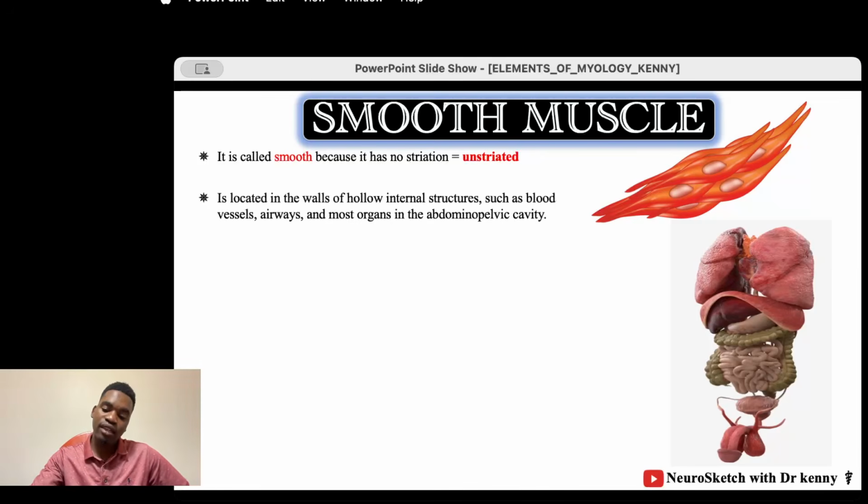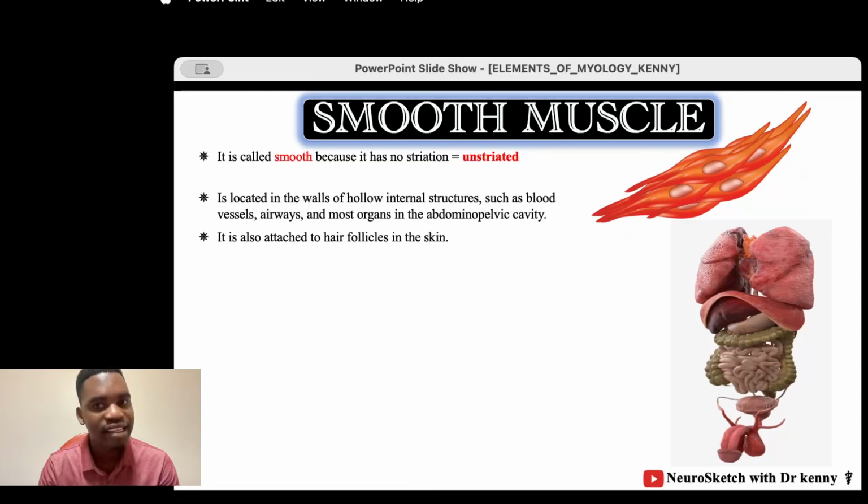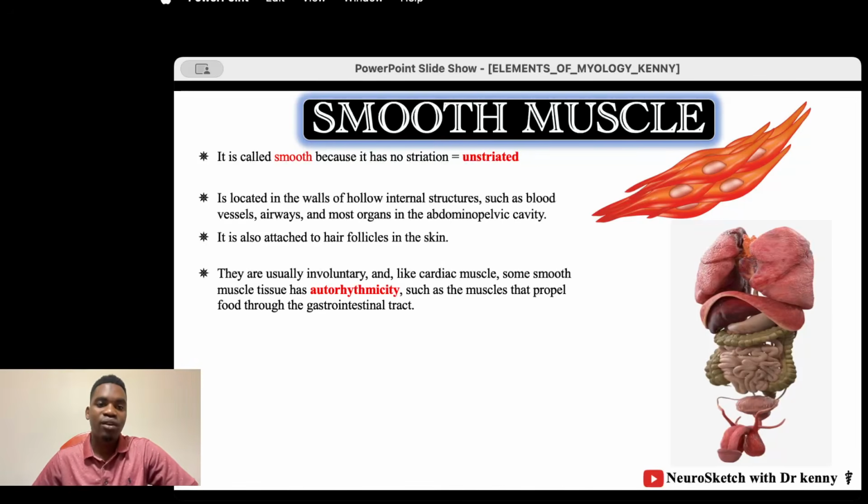Smooth muscle is involuntary muscle. It is not within our command. It's not voluntarily controlled, so it obeys the autonomic nervous system. It responds to autonomic nervous control. Some of the smooth muscles have their own automaticity.